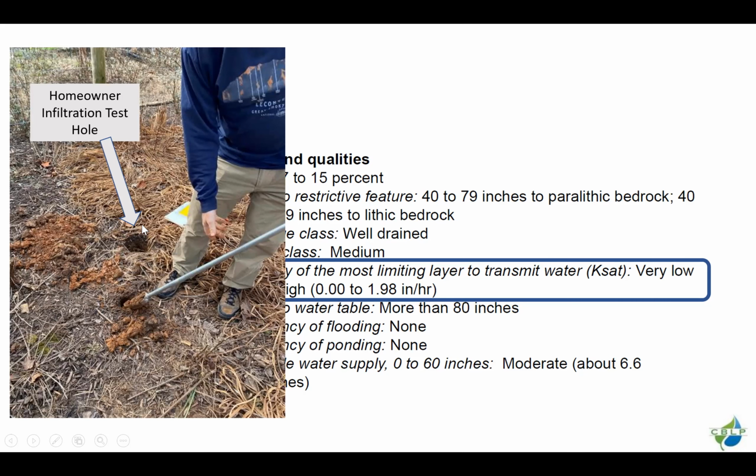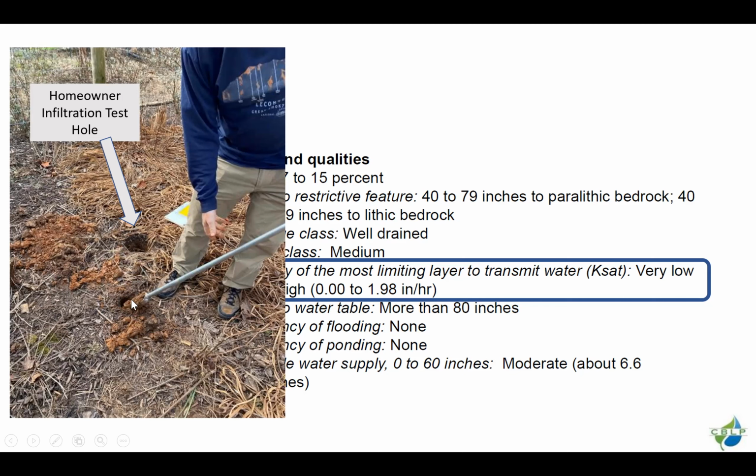But if you do this simple soil test, the water can go down into the ground or it can move laterally in all directions through this mass of soil. So I'd say think about that number, 6 inches per hour. And even KSAT here is telling us very high is 2 inches per hour.